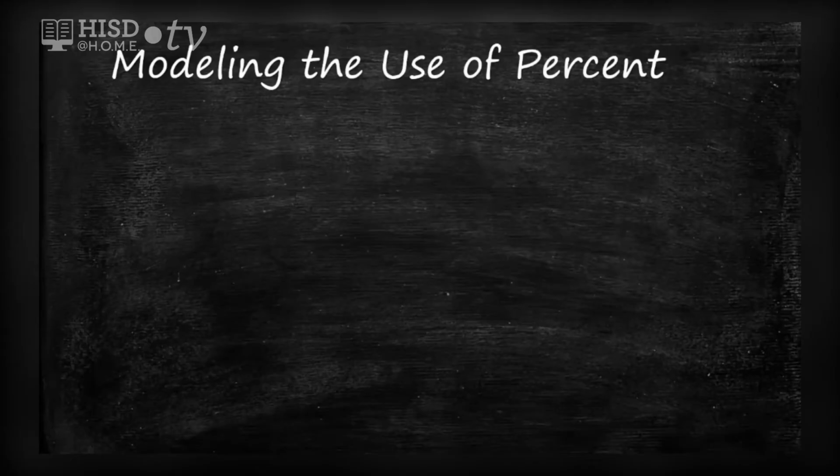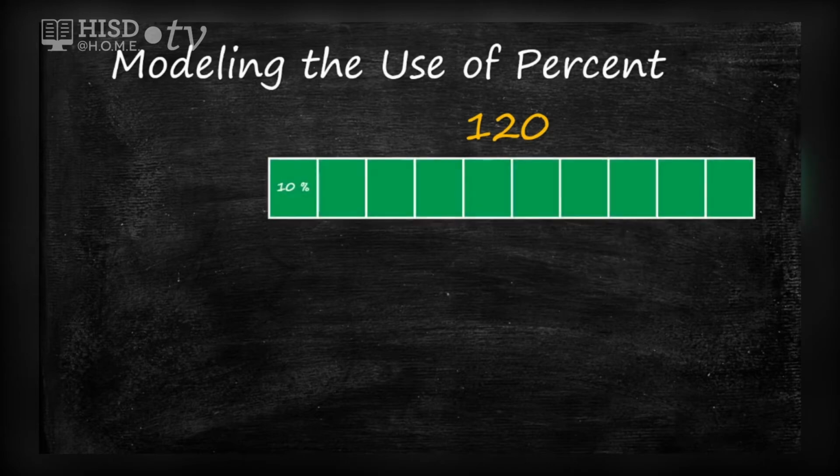So now we're going to solve this problem by modeling the use of percent. We're going to use a bar model to represent the $120 of the cost. And basically each rectangle that you see is going to represent 10% of the number.